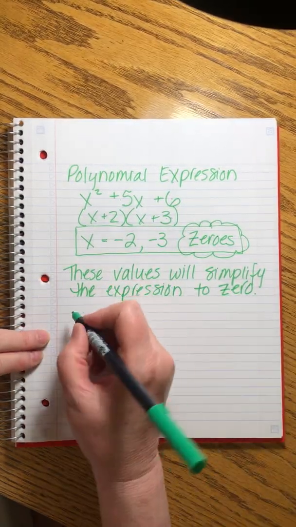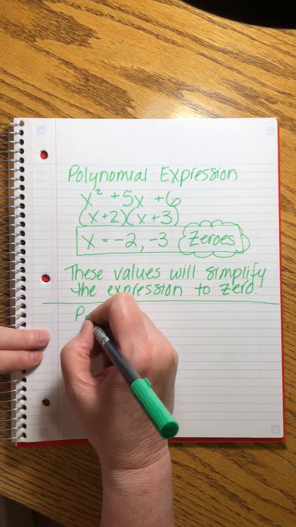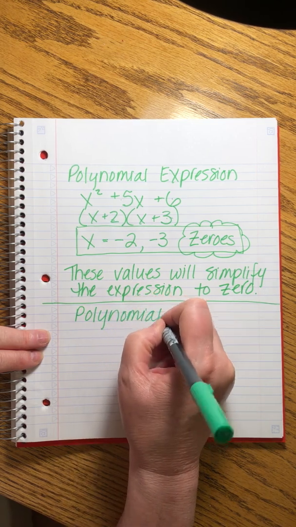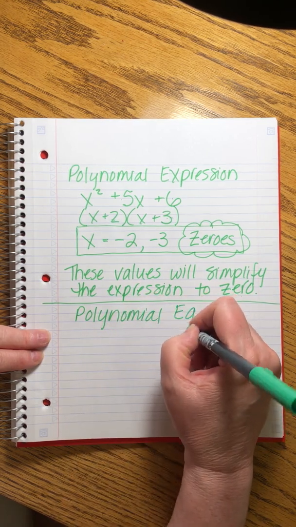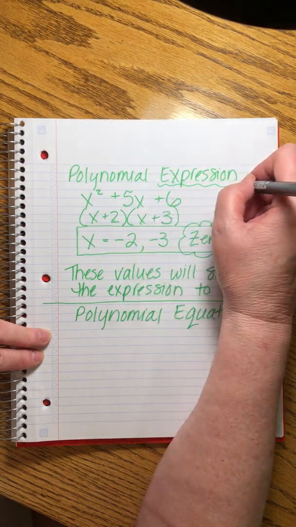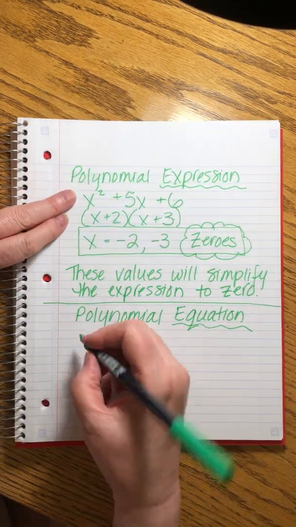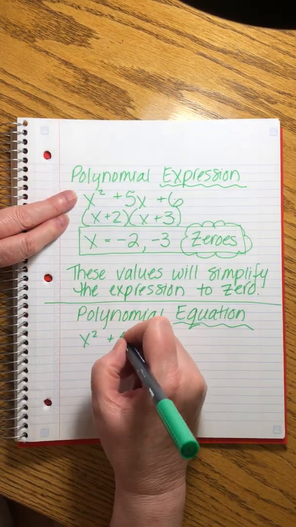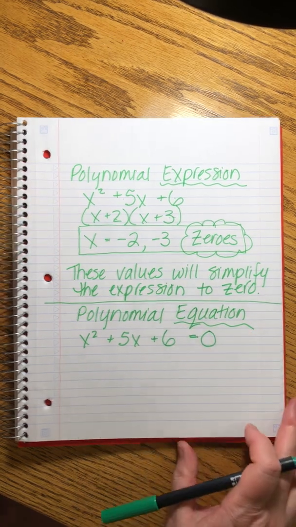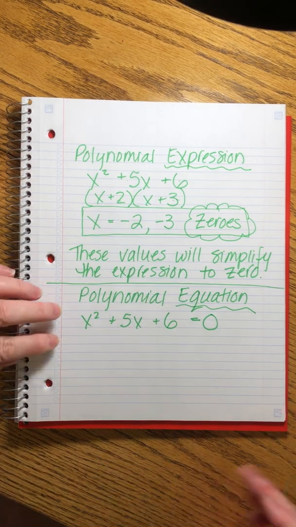Now, that is different than a polynomial equation. Okay, so I'm contrasting the word expression versus equation. We're going to take the very same expression, x squared plus 5x plus 6, except we're going to turn it into an equation. Okay, the math doesn't change, but the ideas shift a bit.